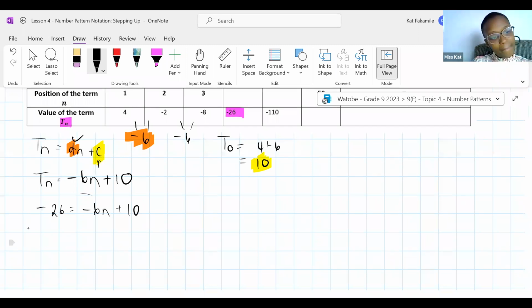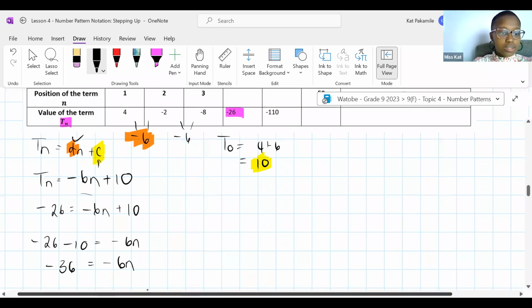So it's going to be -26 minus 10, which is equal to what on the left-hand side? -36. On the right-hand side, we're left with -6n.